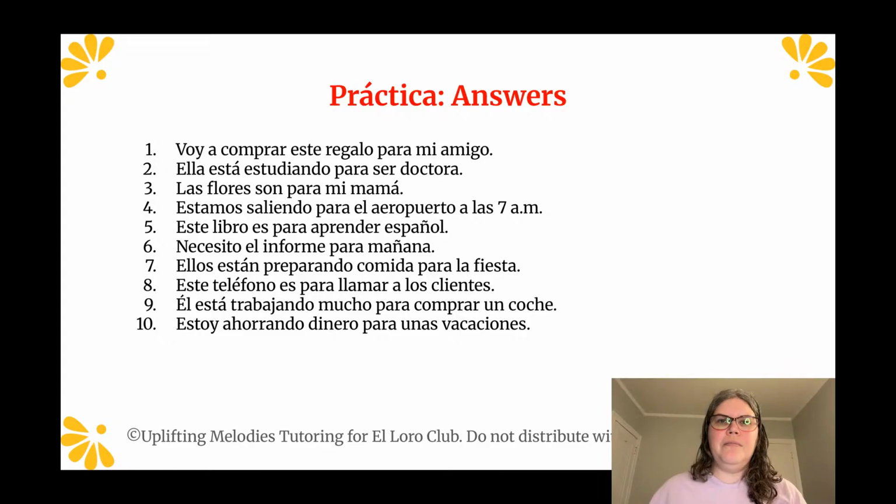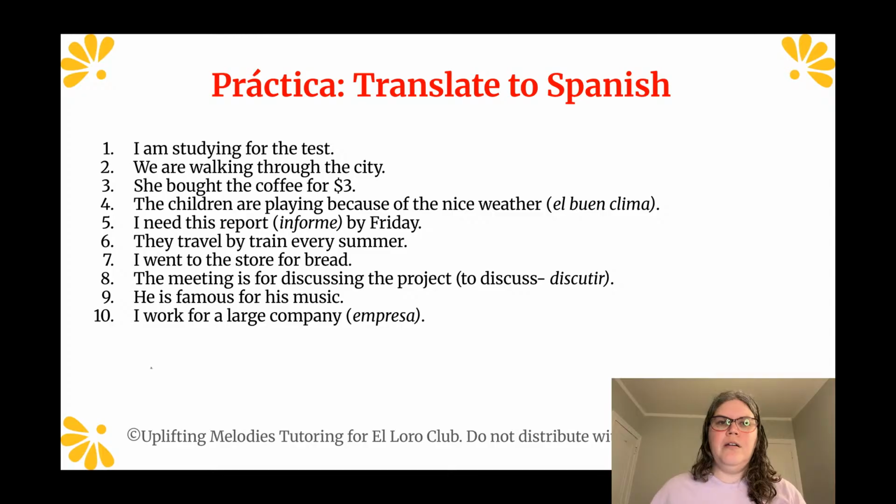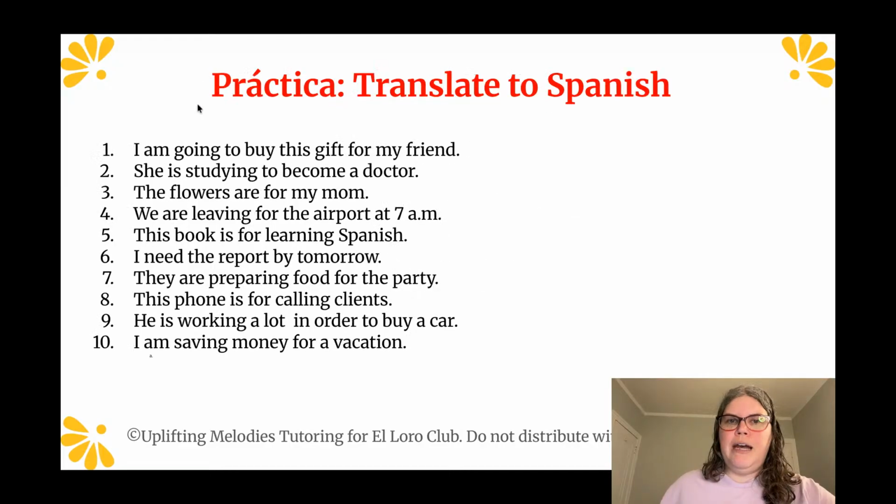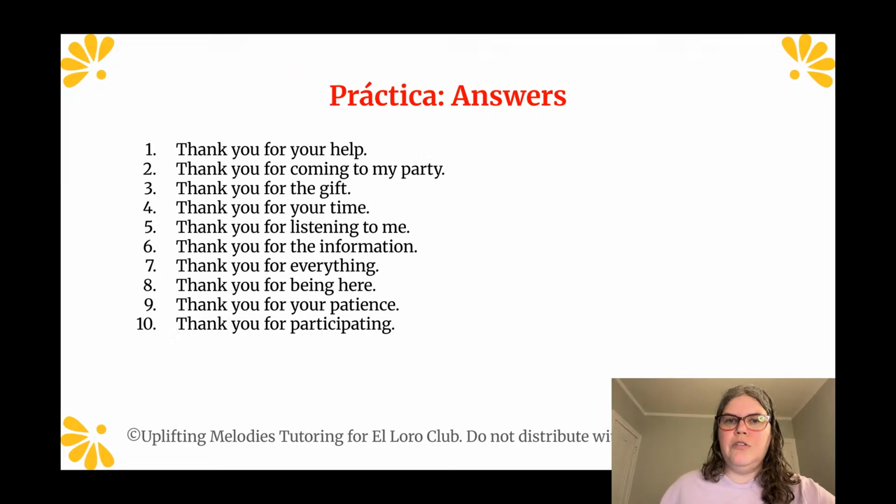Okay, muy bien. So a little bit more practice. With these ones, you might be using por for some of them and para for others. So you're going to try to look at the difference. So real quick, let's go back to remind you of when each is used.